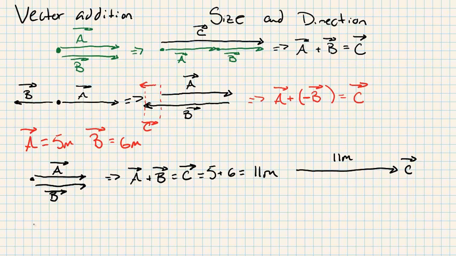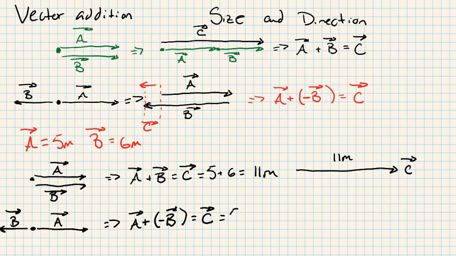But now if we take the same magnitude of vectors, which means the vectors are the same size, but now they're in opposing directions, A and B. Well, now we have to go A vector plus negative B vector equals our C vector. Same as before, we replace in our numbers, we get 5 plus negative 6, and that ends up equaling negative 1 meter, which has meaning.